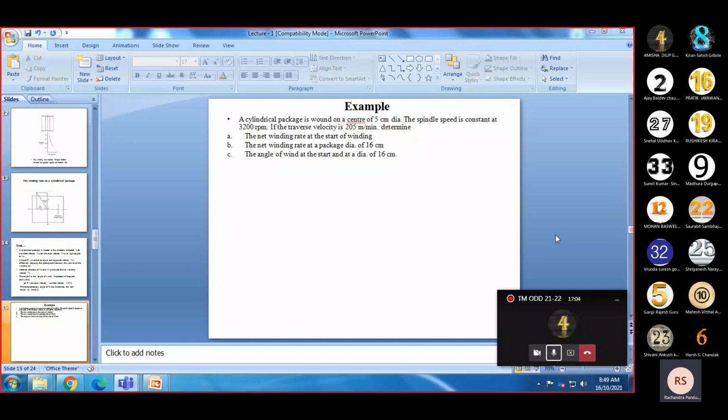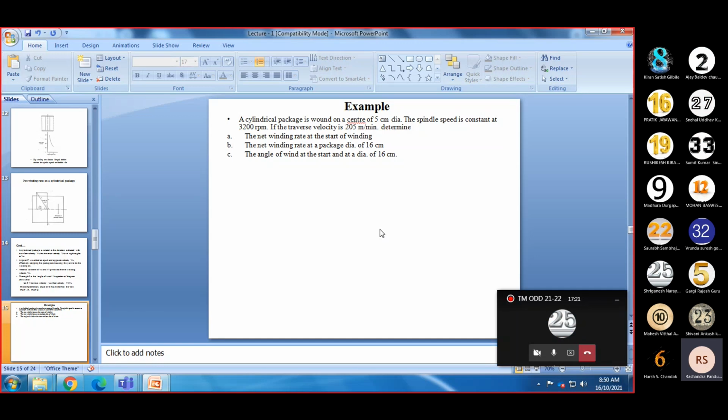Okay, written the example. So what do you understand from this numerical initially? Tell me. Read the example once again and try to apply logic.